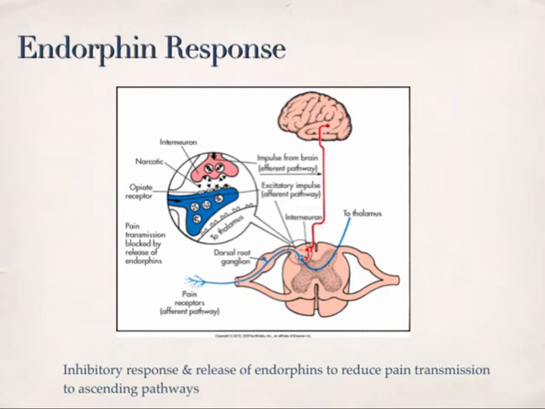But your endorphins, you have these receptors that these endorphins will bind to, and it blocks that transmission of pain, because the release of endorphins is binding at that receptor. So it's just an example of how it reduces pain transmission on those ascending pathways.